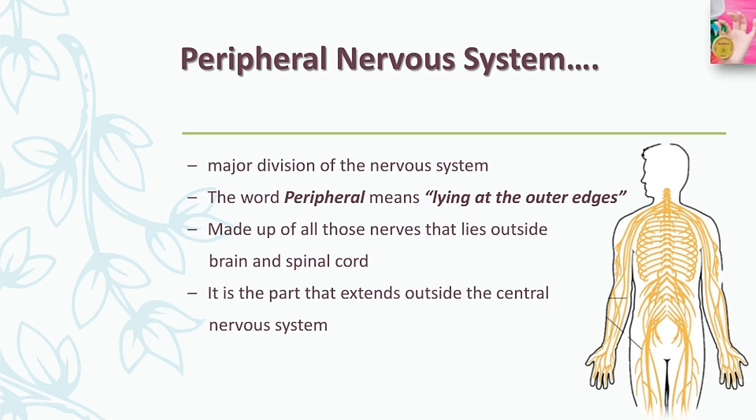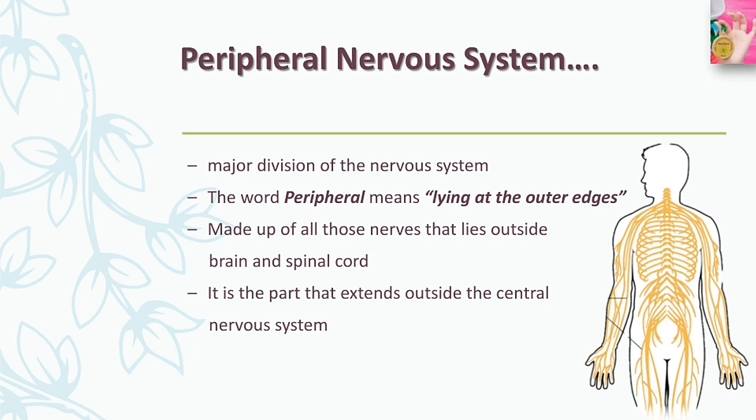Now, the word peripheral means lying at the outer edges. So, the peripheral nervous system comprises all the nerves outside the central nervous system that extend to the outermost borders of your body, including your skin. The communication functions of the peripheral nervous system are handled by its two subdivisions, the somatic nervous system and the autonomic nervous system.